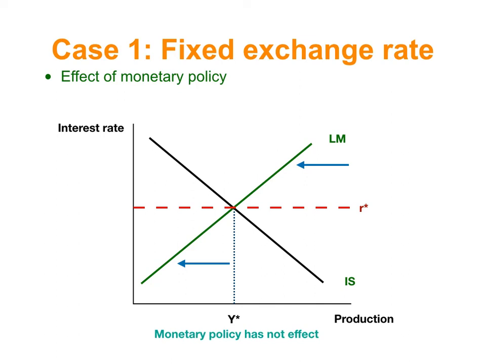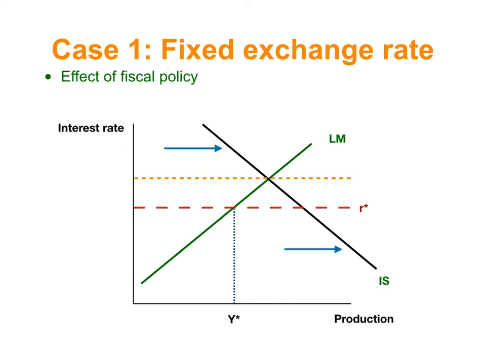Now let's look at the effect of fiscal policy, and this is going to be a different story. If there is fiscal policy, meaning, for example, that the government increases government spending, that's going to shift the IS to the right. When that happens, you can see that the local interest rate is going to be above the international interest rate.